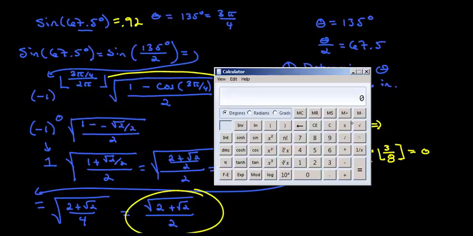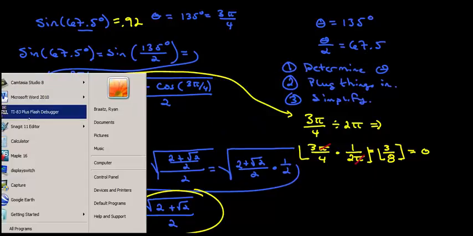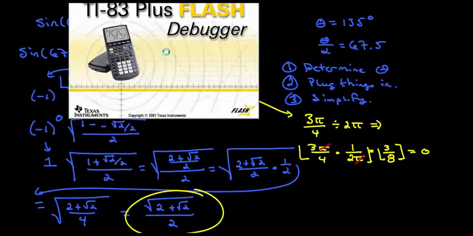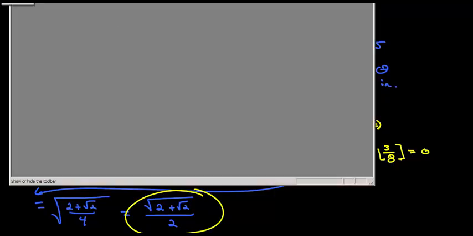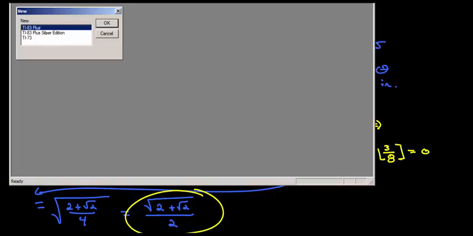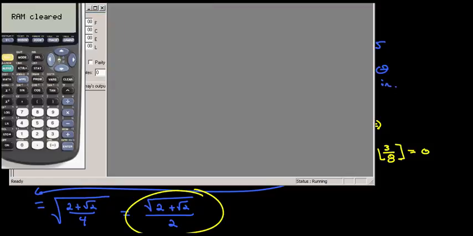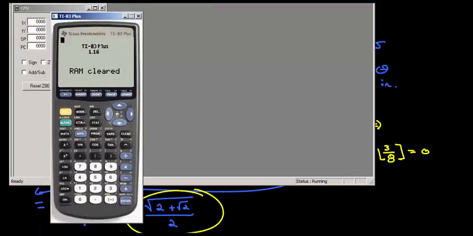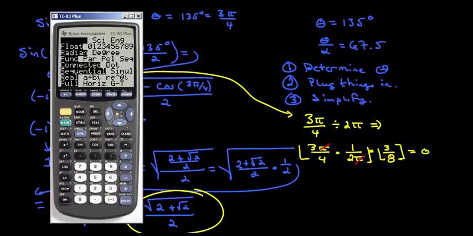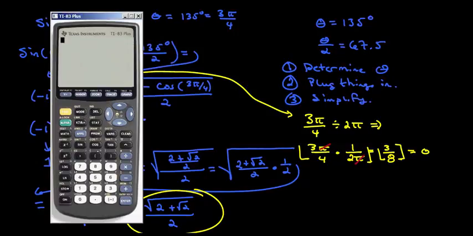Let's go back. That didn't work out with the order of operations correctly. Let's try this. So we have the square root of 2 plus the square root of 2, divided by 2.